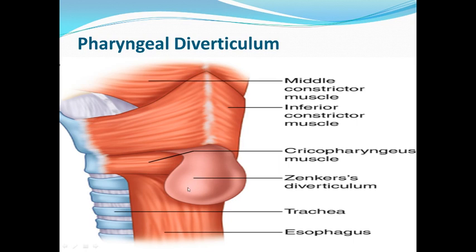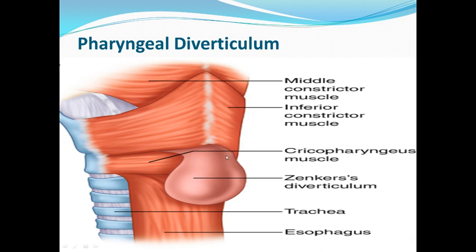This dehiscence will be outpouched, and it may contain food or water. So this is called pharyngeal diverticulum or Zenker's diverticulum. Such diverticula are not normal in human beings. They are normal in pigs.